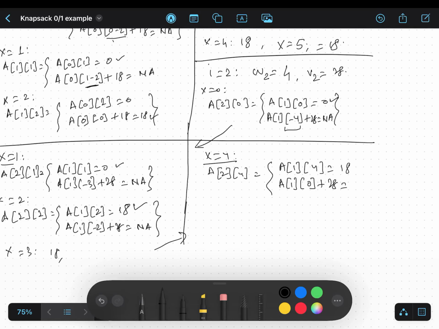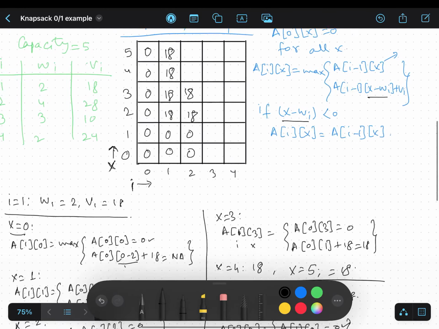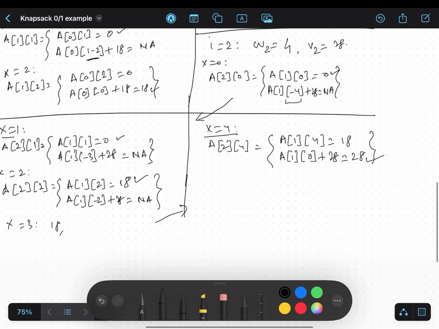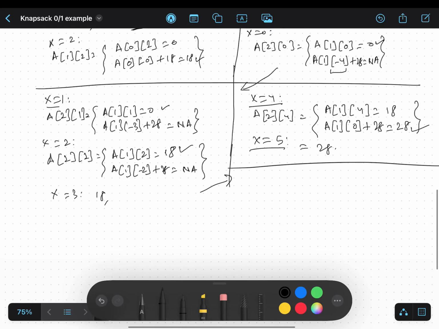A1 0 is 0 plus 28 is 28, so we get this. This means A2 4 is going to be 28, and similarly we get 28 here. I'm not going to solve for x is equal to 5. This is coming out to be 28, and we are done for I is equal to 2.